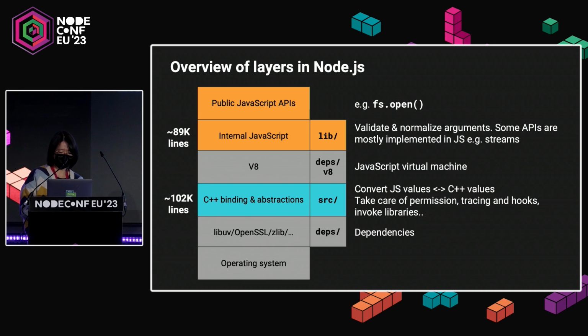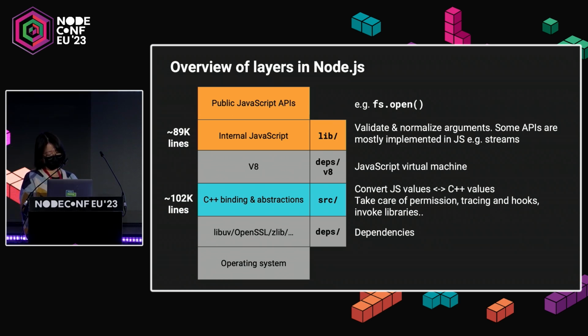In the native, or mostly C++ layer, which is under the src folder, there are currently 102,000 lines of code. They usually convert values between JavaScript and C++ and take care of things like permission, tracing, and hooks, and if necessary, they invoke the dependencies or system calls.